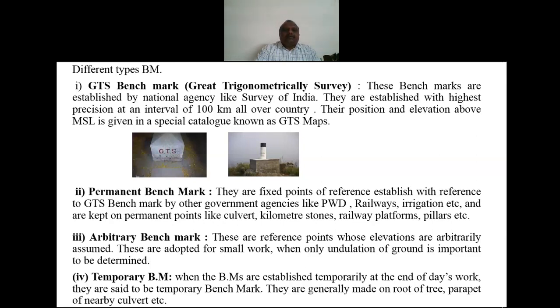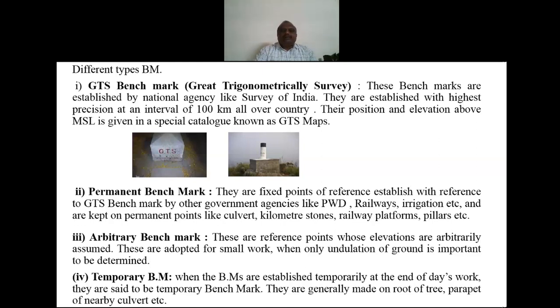Next one is permanent benchmark. They are fixed points of reference established with reference to GTS benchmark by other government agencies like PWD, railway, irrigation, etc., and are kept on permanent points like culverts, kilometer stones, railway platforms, pillars, etc. And the third one is arbitrary benchmark.